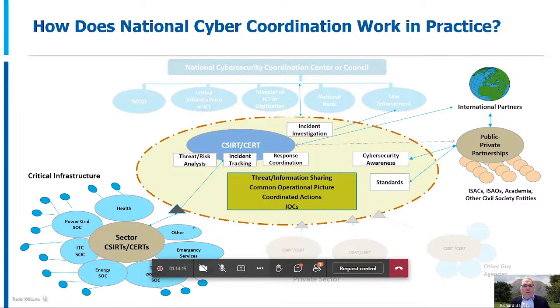And they include threat and risk analysis, incident tracking, response coordination, incident investigation, cybersecurity awareness, and standards.